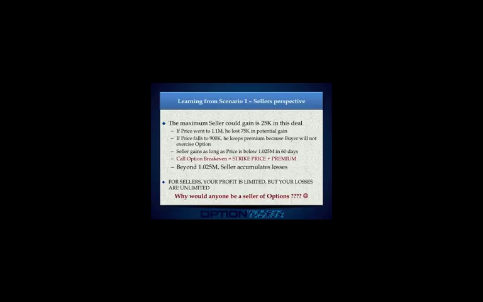If the land price did not change at all and stayed at $1 million, it's possible that the buyer may still want to exercise that option at $1 million. But the buyer has already paid $25,000 in premium. So the seller stands to gain this amount if the price does not move or if it goes down. But his gain is capped at $25,000.